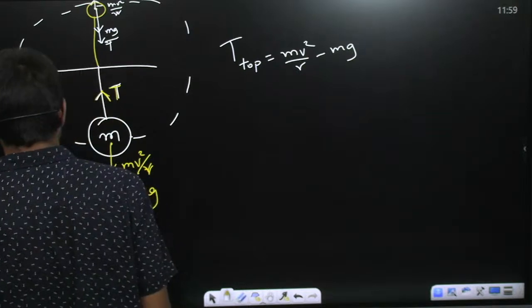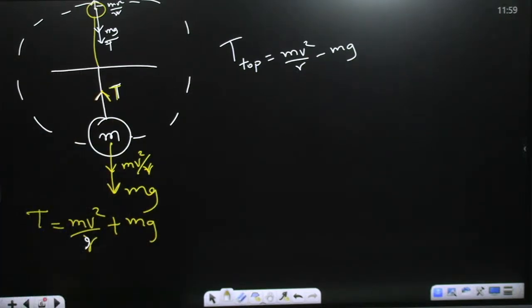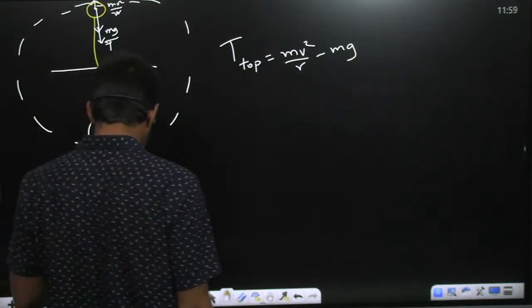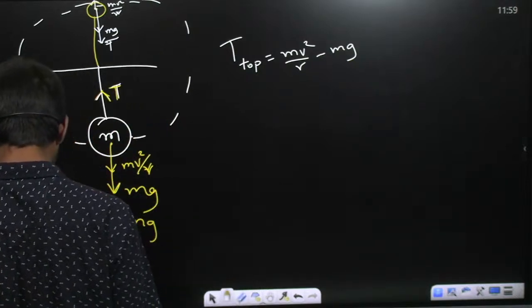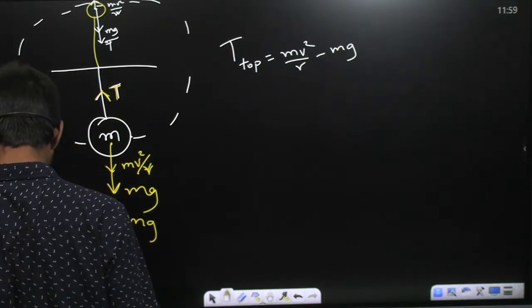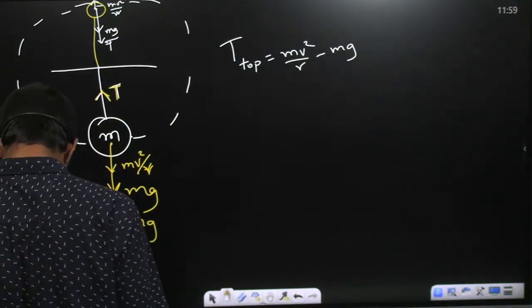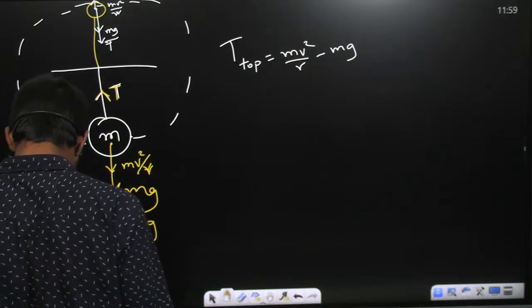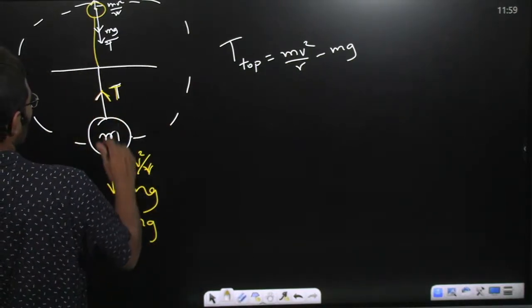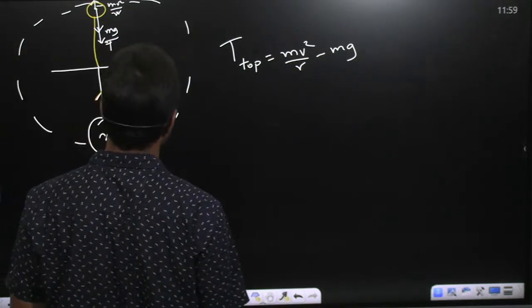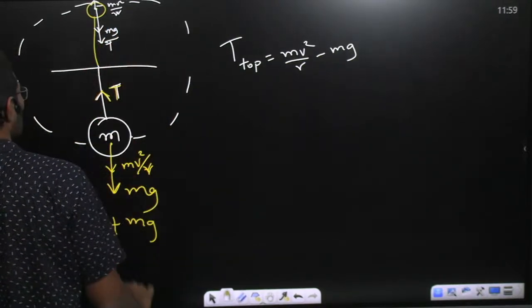So the question is, the tension in the string is: option A, same throughout, no. Option B, minimum at the highest position. Option C, minimum at the lowest position. Option D, minimum when the rope is horizontal. In the horizontal position there is no point of discussing, so the critical points are the top and the bottom.